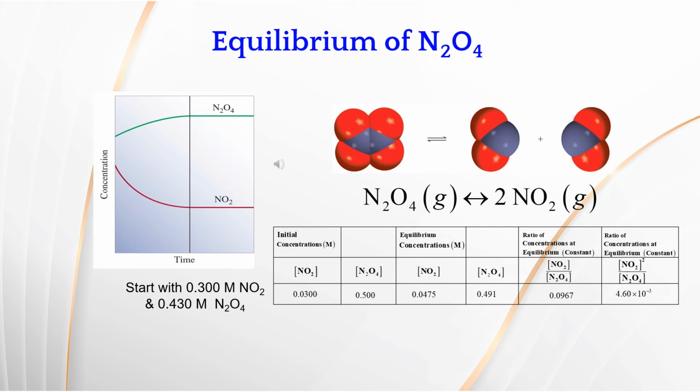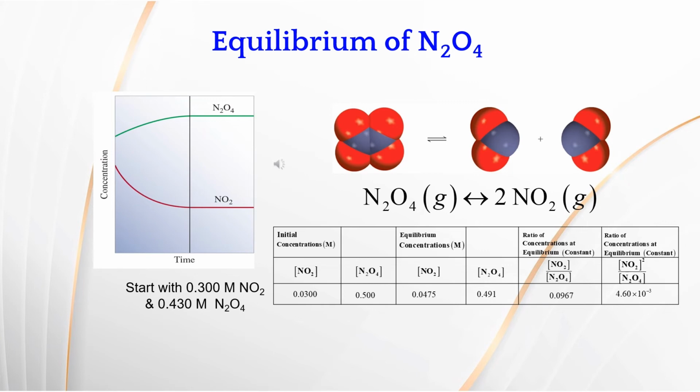When the experiment continued with another pair of concentrations of nitrogen dioxide and dinitrogen tetraoxide, it gave different concentrations at equilibrium. When we calculate the ratio of the concentrations without using the stoichiometric coefficient, the value obtained is different from the previous two experiments.